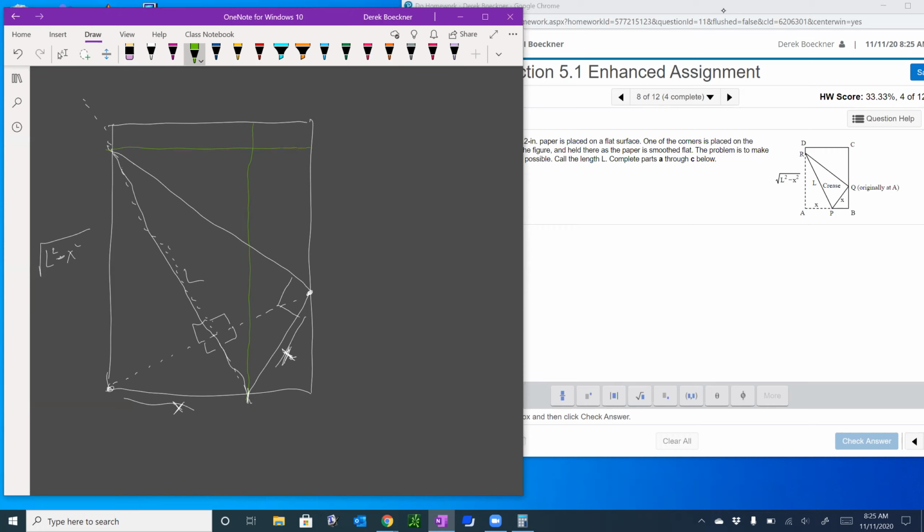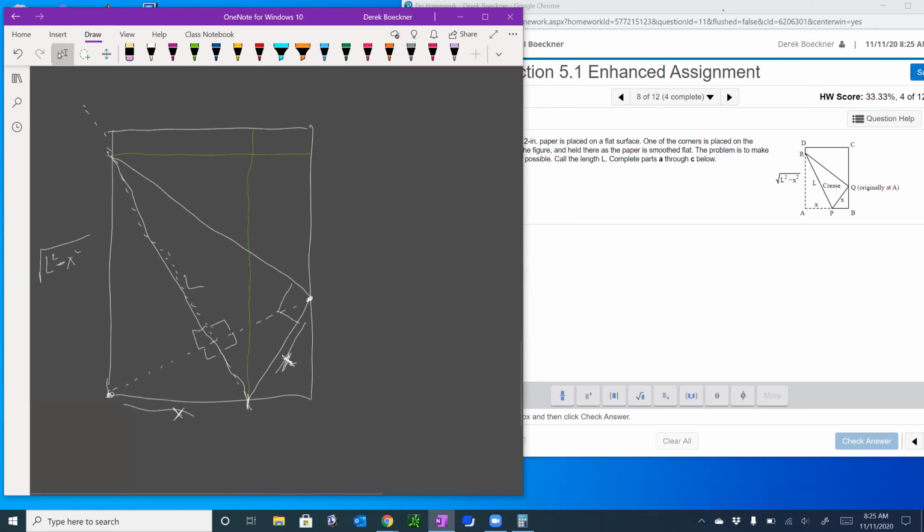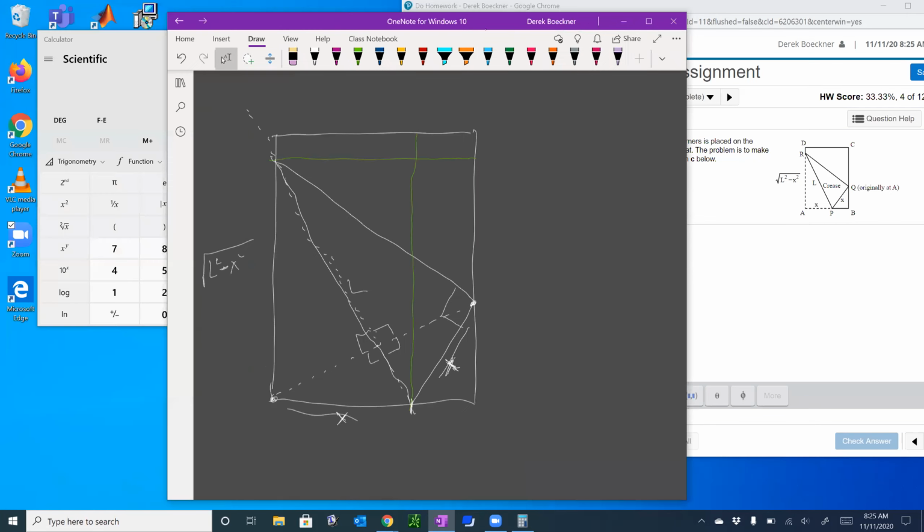Okay. I'm going to draw those rectangles in because I think that's going to help me find L squared. Why do I think that's going to help me find L squared?